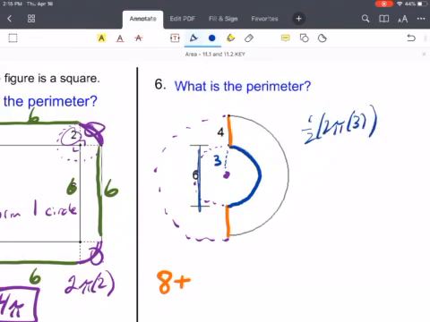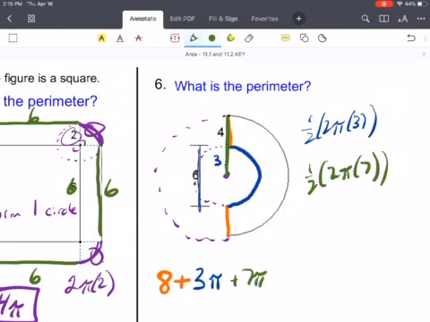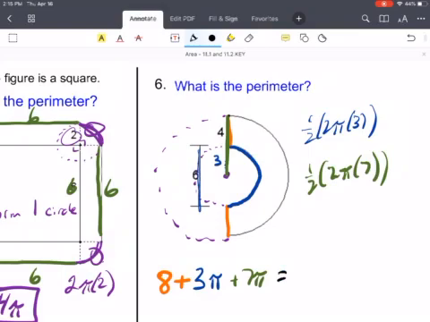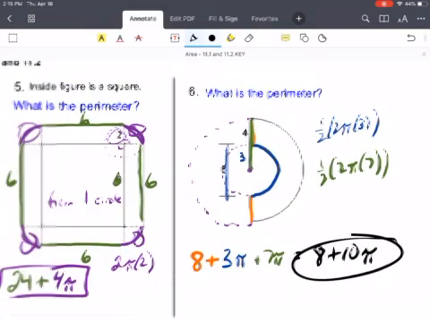Half of 2 pi times 3. Half of 6 pi is 3 pi. On the outside now, I have a radius of 7 for my circle. So half of 2 pi times 7. So I'm going to add my 7 pi. Adding my pi's together, I get a total perimeter of 8 plus 10 pi.